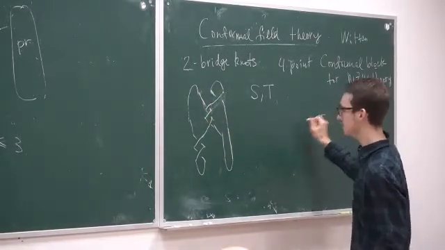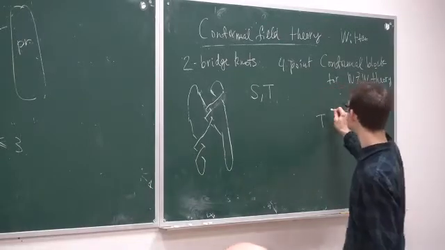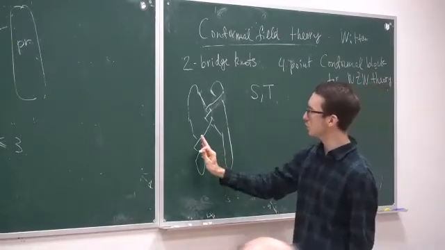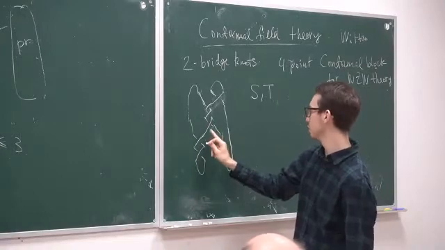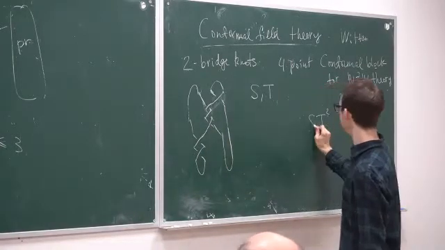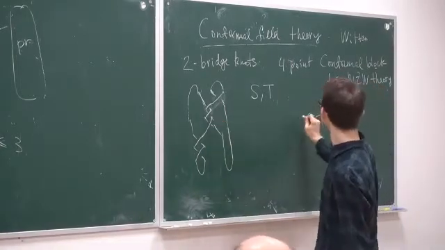So we have T squared. Then we should change which strands are closed, so we apply S. Then we take T cubed.